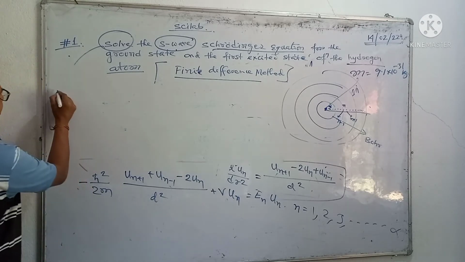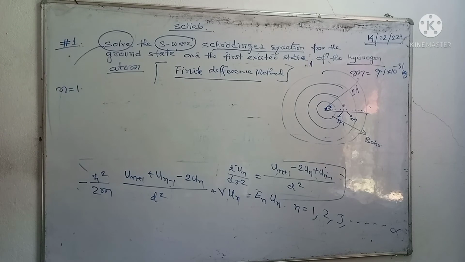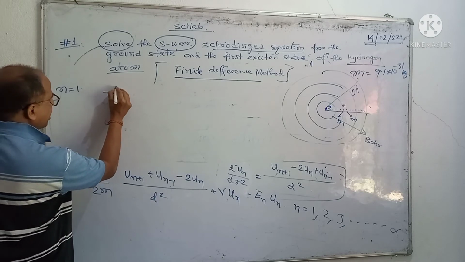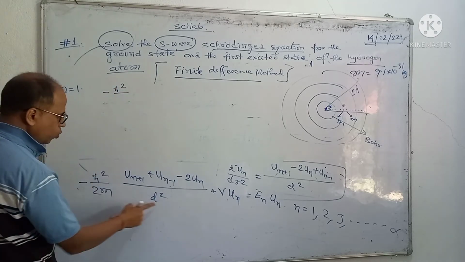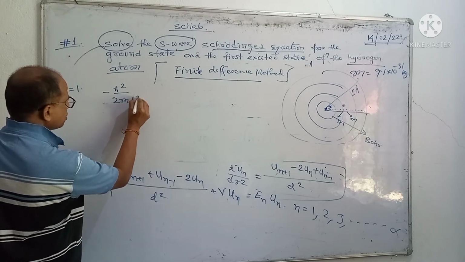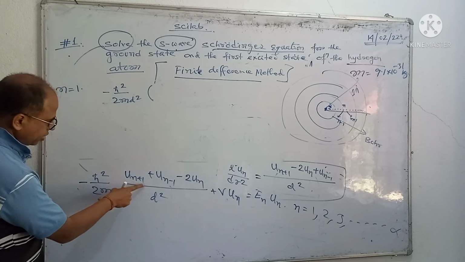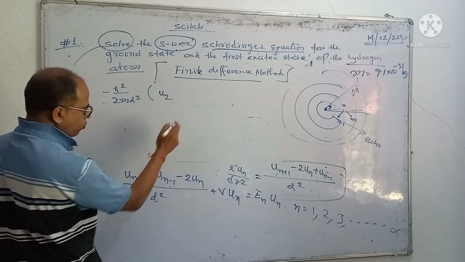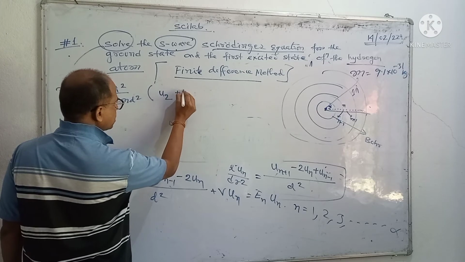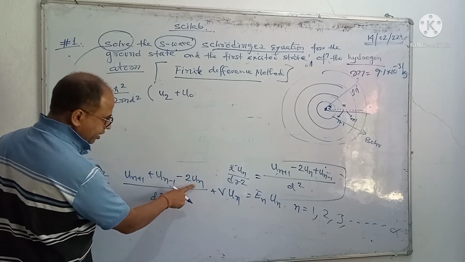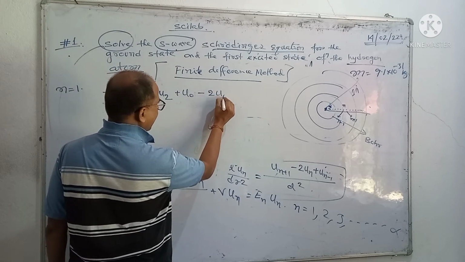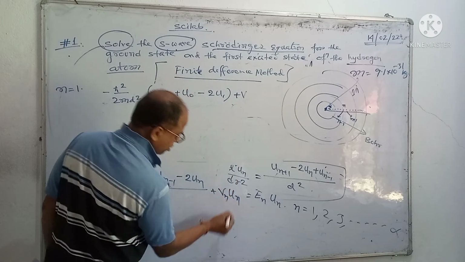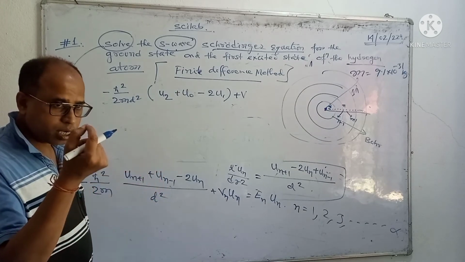Now, for n is equal to 1, the expression is minus h cut square by 2m d square into, for n is equal to 1, 1 plus 1 is 2 so u2, n minus 1 is 1 minus 1 is 0 so plus u0, and here minus 2u1, plus V of n, because V depends on r.